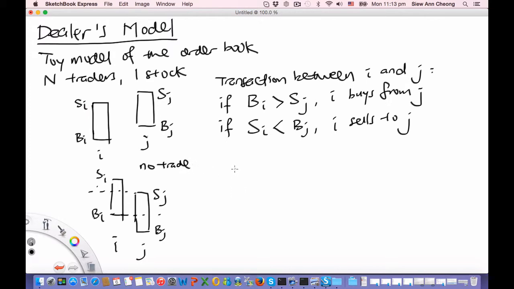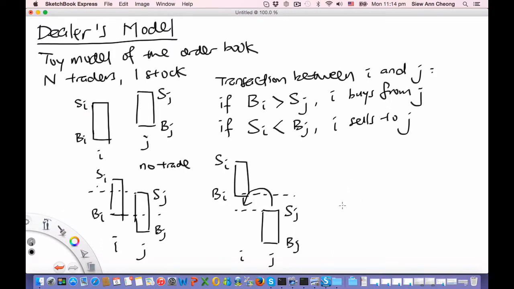But if we have a situation like this, I and J, so this is BJ, this is SJ, and this is BI, and this is SI, where trader I is willing to buy at a price BI that is higher than the price SJ that J is willing to sell at, then there will be a transaction, and 1 unit of the stock will go from J to I. Conversely, if this happens, this is I and this is J. Here we have BI, SI, BJ, SJ.